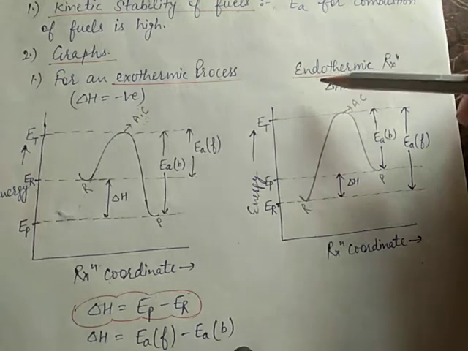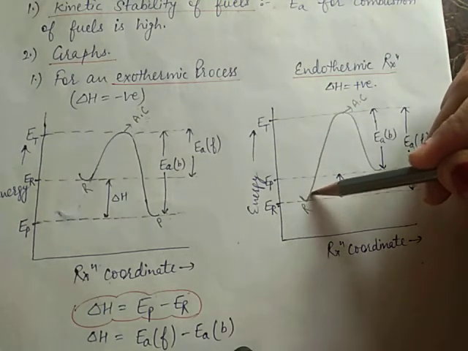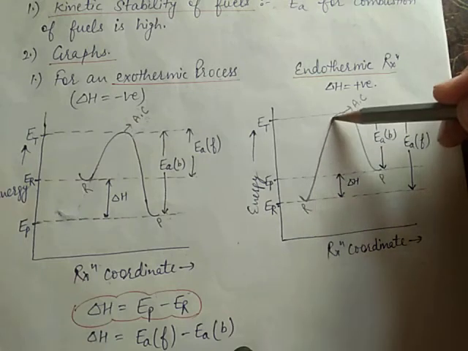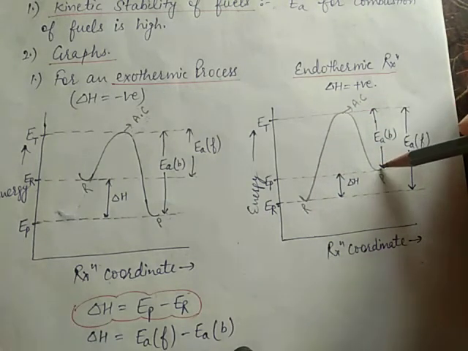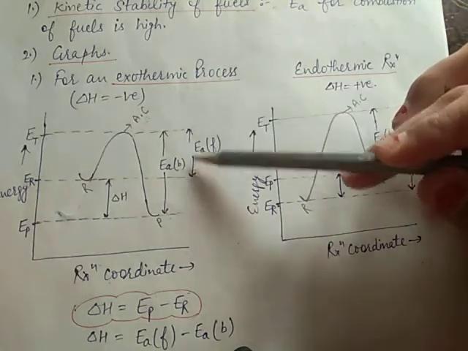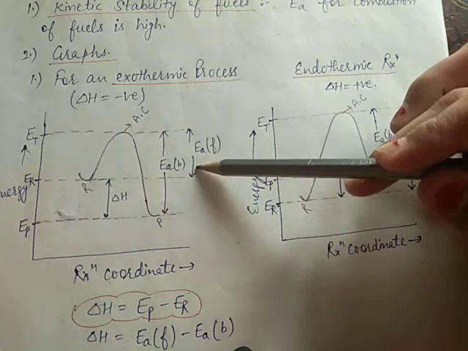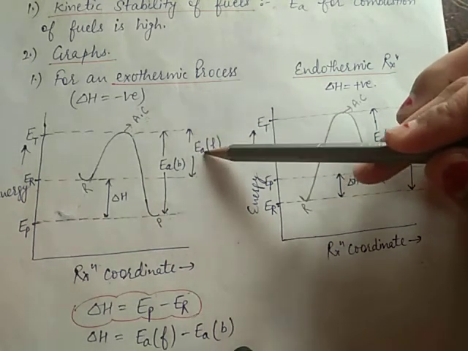Same in this case, this is endothermic reaction. Here the reactant molecules first collide with each other to form an activated complex, and after that it changes into product. But in exothermic reaction, the activation energy of forward reaction is very less.